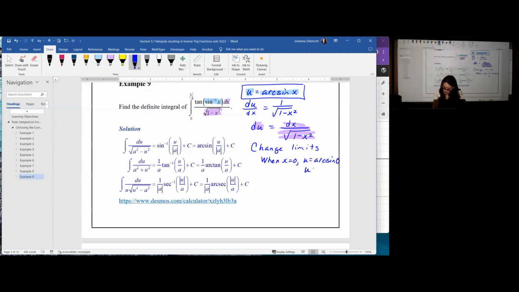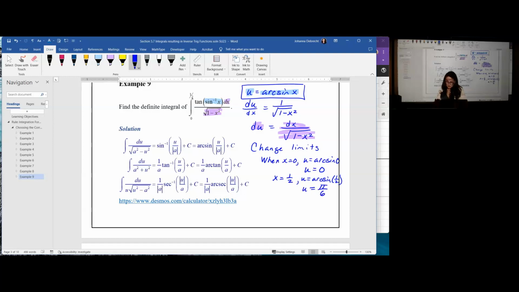So this means that u would be the angle 0. When x equals 1/2, u equals the arcsine of 1/2, and because it's positive, it has to be in quadrant 1, the 30-60-90 triangle, which tells me that u is pi over 6.